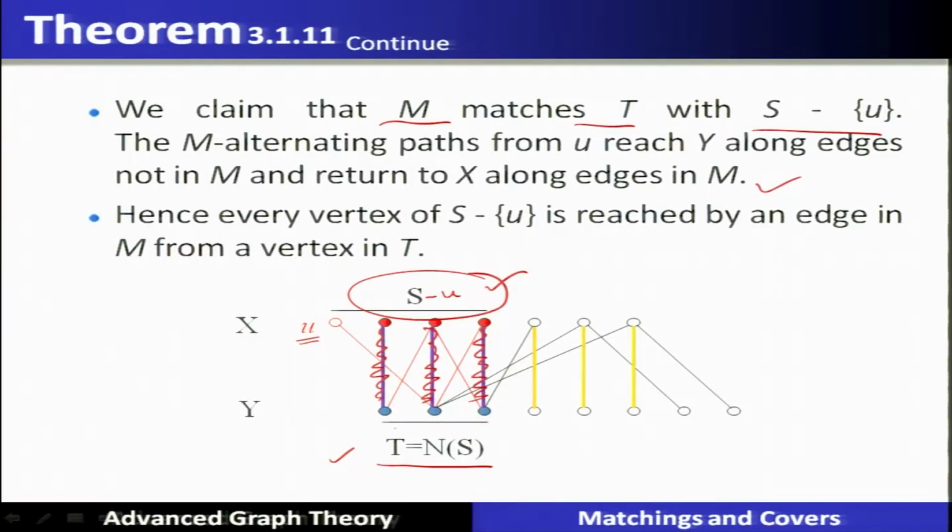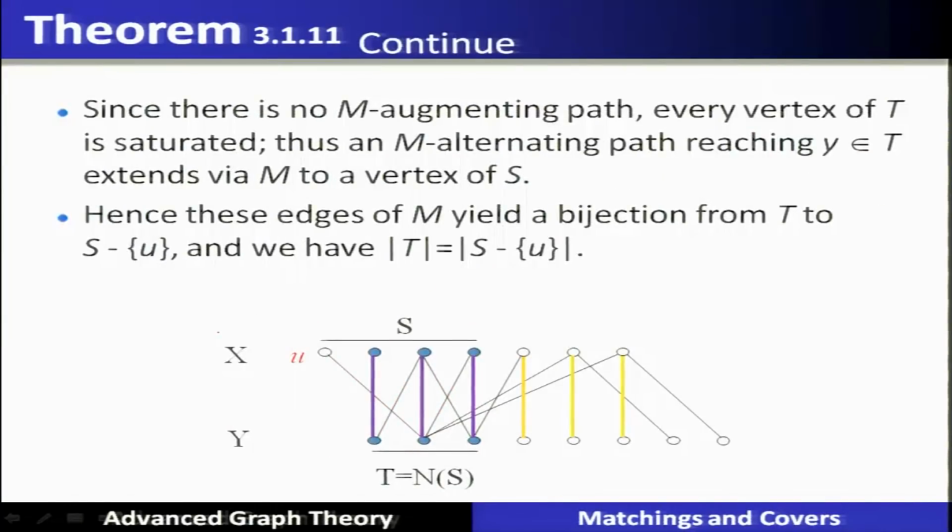That means, these vertices which are there in Y, we call them T. All these vertices will have a matched edge, and that will take you back to S minus u which is there in X.